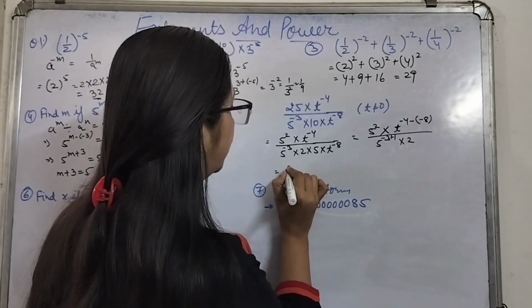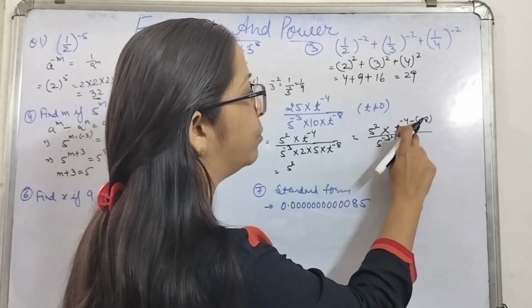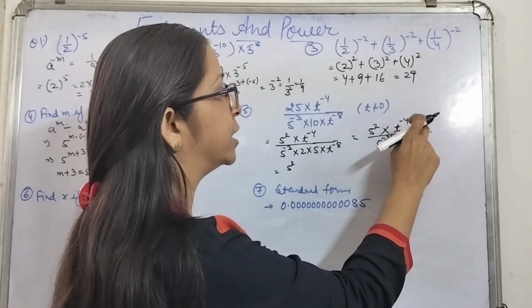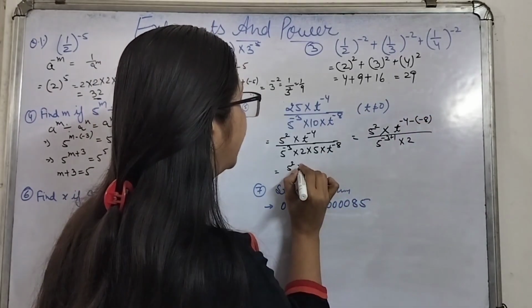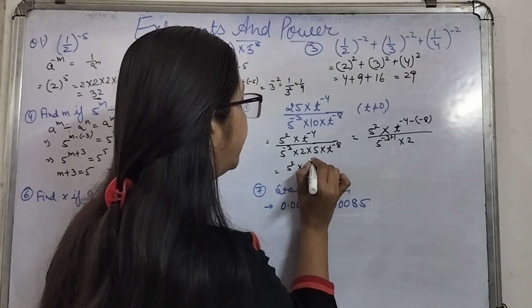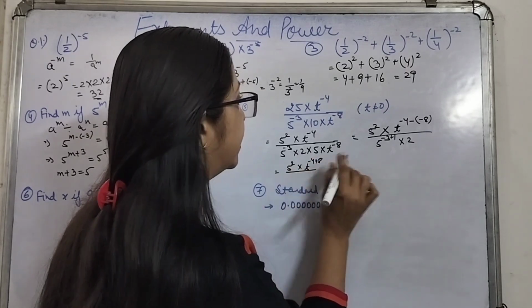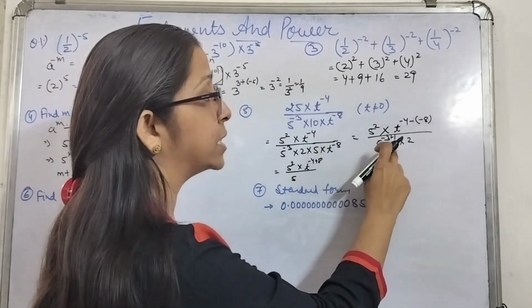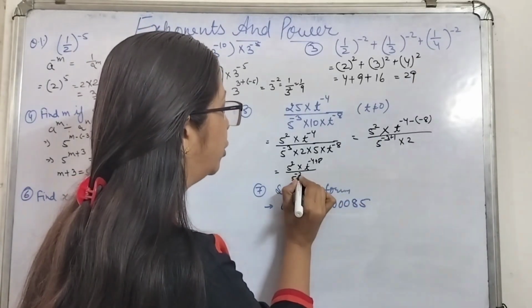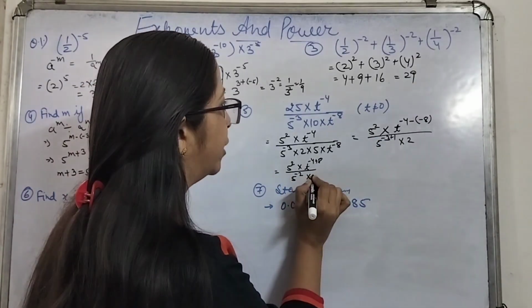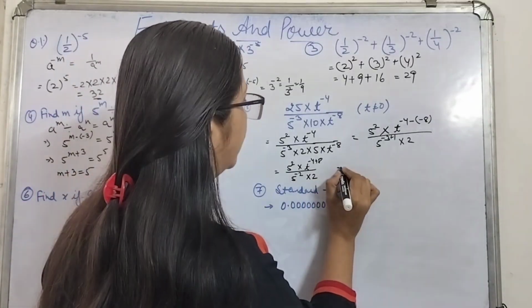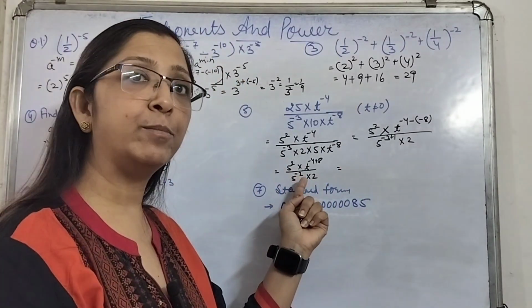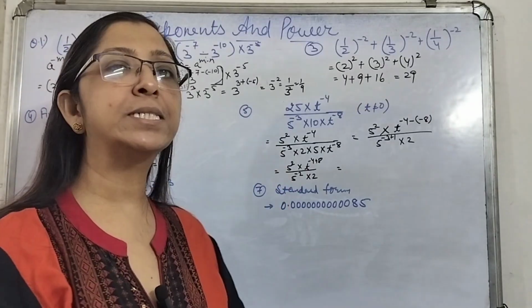5 raised to the power 2, t raised to the power minus 4 minus minus will become plus, minus 4 plus 8. Again I am writing it as t raised to the power minus 4 plus 8, and in the denominator 5 raised to the power minus 3 plus 1 will be your minus of 2 multiplied by your 2. Now here we can see 5 bases are same, division sign is there in between, so powers are going to be subtracted.